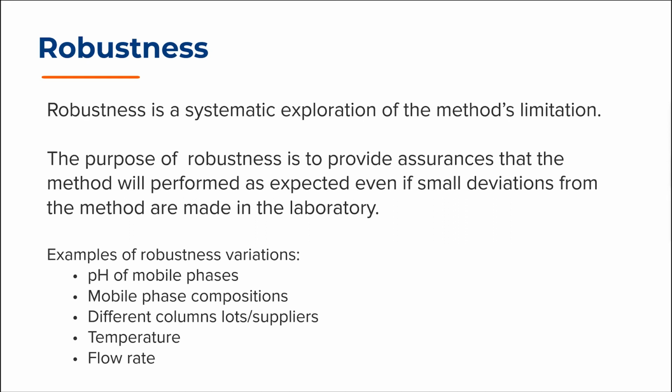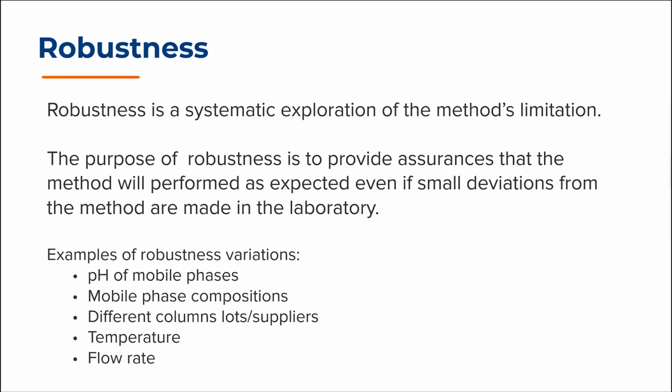At a minimum, robustness should include a study to determine how long the standards and sample solutions are stable. Further examples of robustness would include small variations or perturbations of the mobile phase composition, temperatures, injection volumes, flow rates, etc. from the validated parameters of the method.